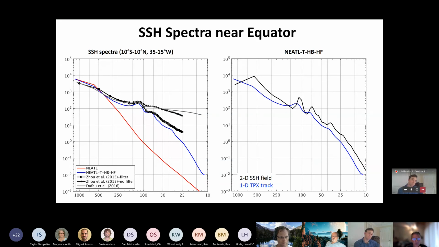They made an attempt to try to remove the noise from the altimetry. So both Dufault and the top black line from Zhu et al. are not filtered, and you see that you have noise here. And when they filter for the noise, here's what they get. And you see how closely it matches the model. So I think we're pretty confident to state that the flattening of the slope that takes place at the equator is due to internal tide signature.